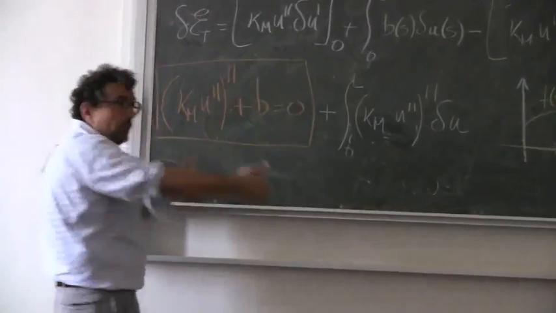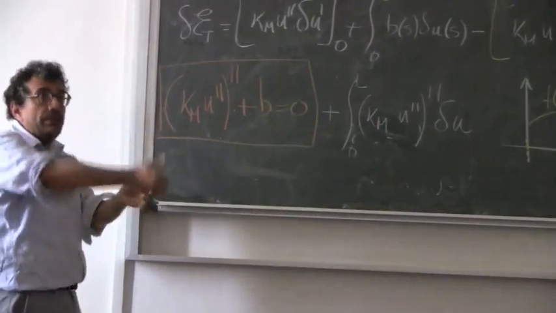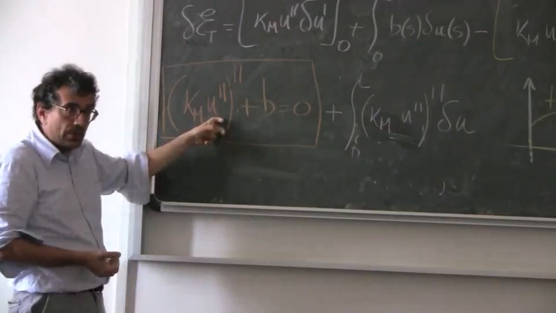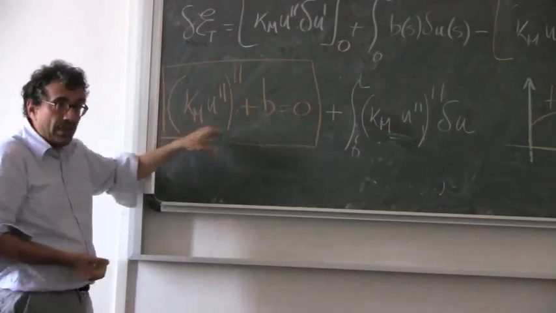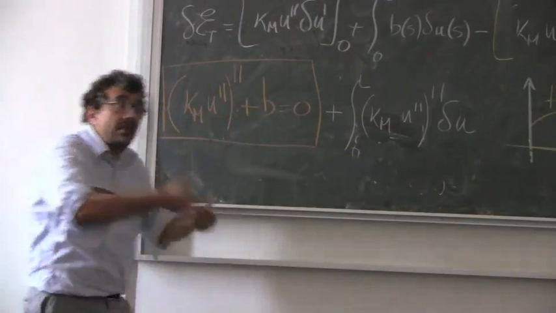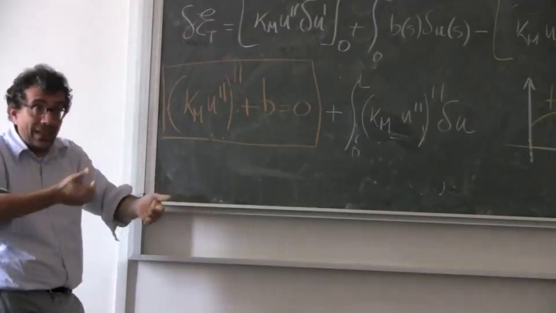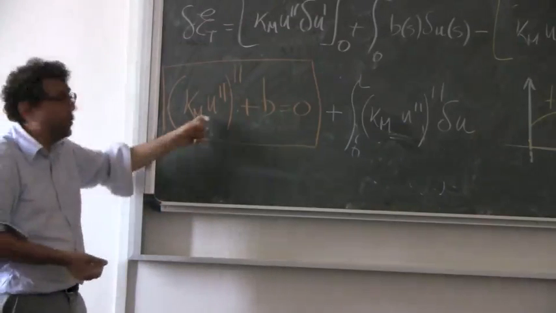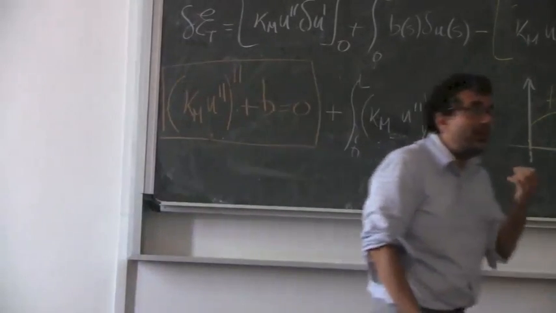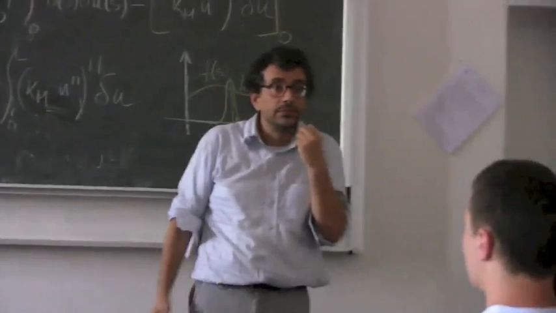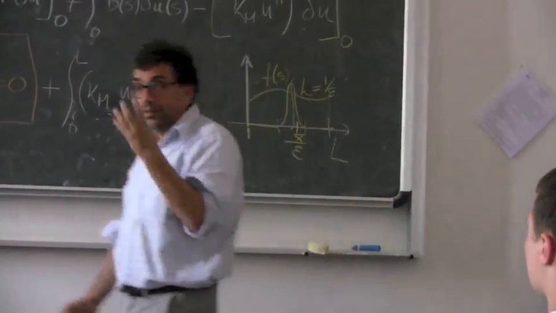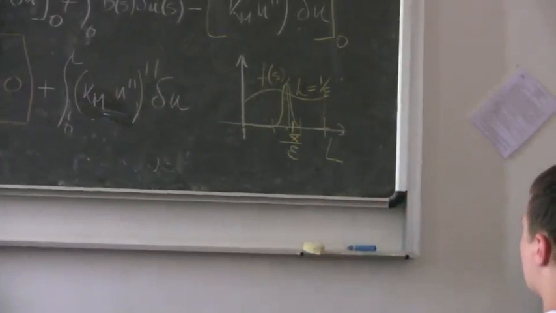If you know the primitive of B, you get K m u yourself. Then you divide everything by K m. You calculate 2 times again the primitives, you get u. So, how many constants of integration do you need? 4. 1 for every integration. Okay?